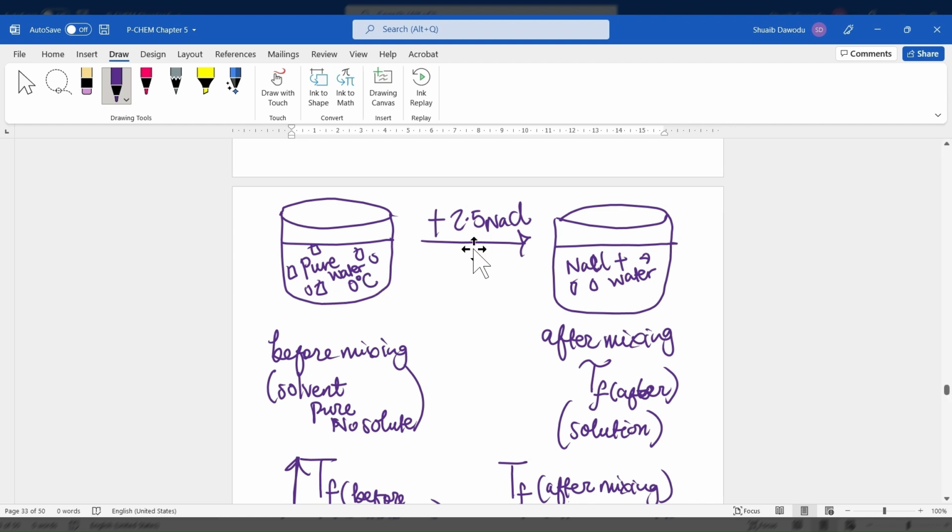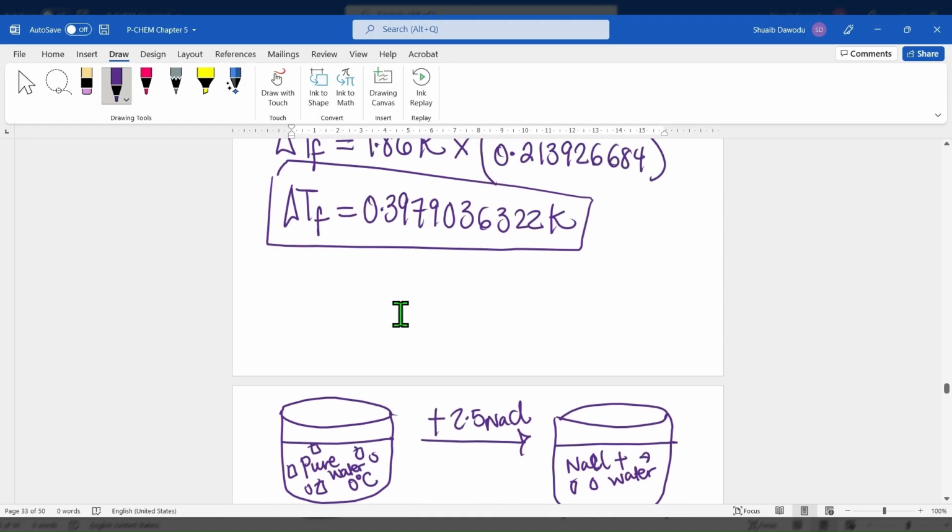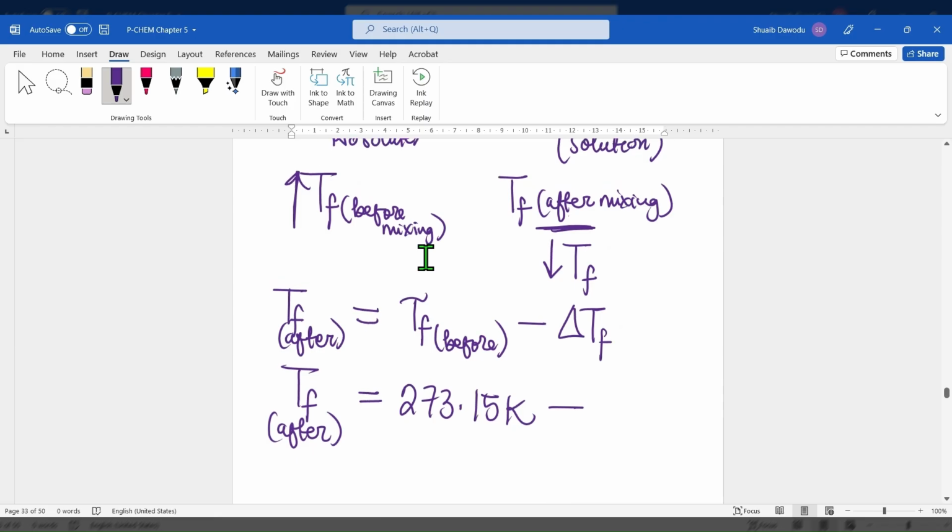In this case, we're dealing with water, and the freezing point of water is 0 degrees Celsius. And of course, 0 degrees Celsius in Kelvin, which is what we need to solve this question, is just 273.15 Kelvin, minus whatever the value for the change in T sub F is, which we calculated to be 0.397903632 Kelvin.